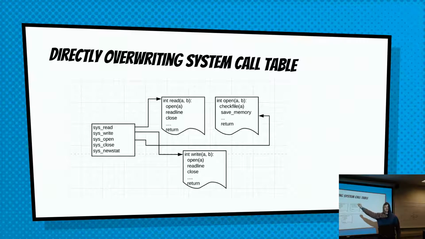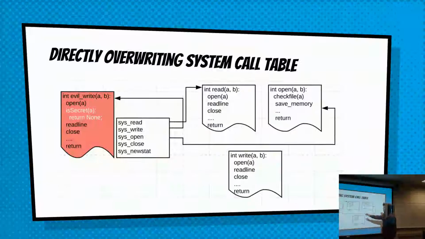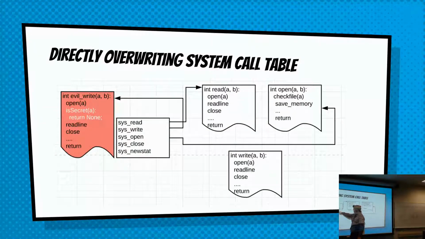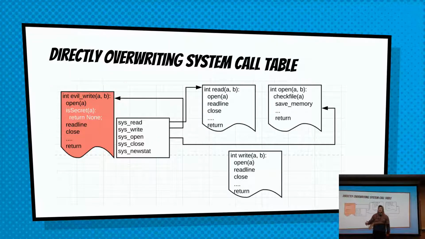And that's what it executes. As you can see from the diagram, I have my table and my little pointers pointing over to executing code. Now when I insert a malicious kernel module, I go through and overwrite this one. I say sys_write doesn't point over there. Sys_write points to my code. It points to evil_write.